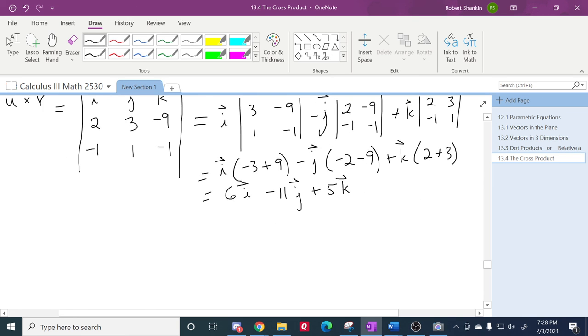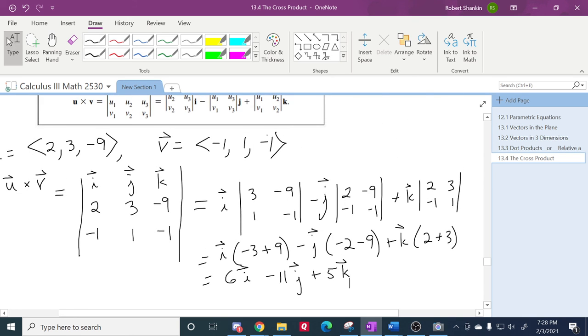and that is my 3-space vector that is perpendicular to both of these vectors. It should be positive 11 J. Oh yes, negative and negative makes plus. Thank you.